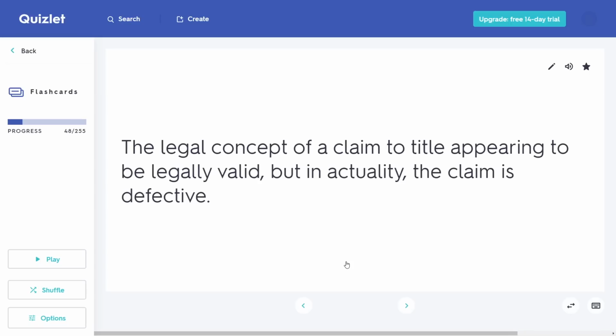But during the process of the buyer doing diligence, they figure out that you only actually own 95 of those acres, not 100. So you can't legally sell that extra 5 acres. Again, it's a claim to title appearing to be valid. You legally think that because maybe when you bought the house, they said it's 100 acres. But in actuality, the claim is defective.